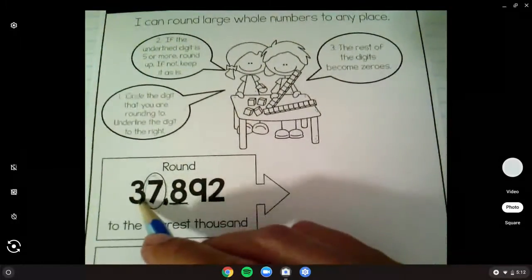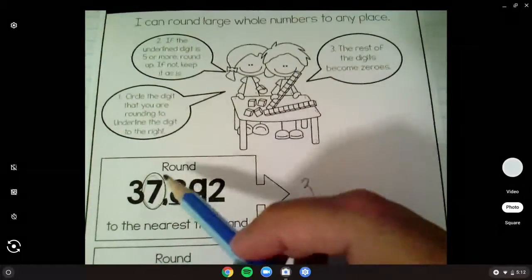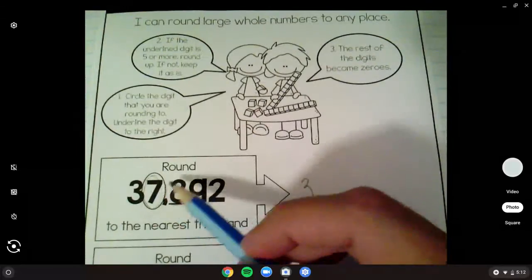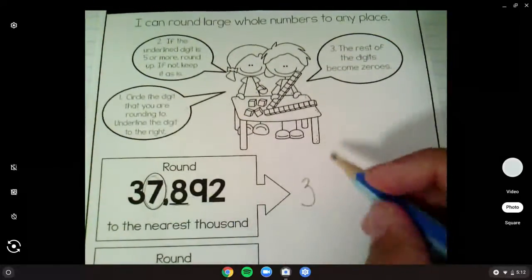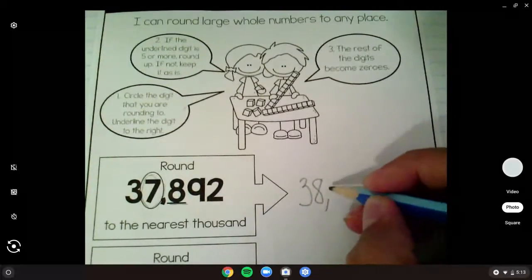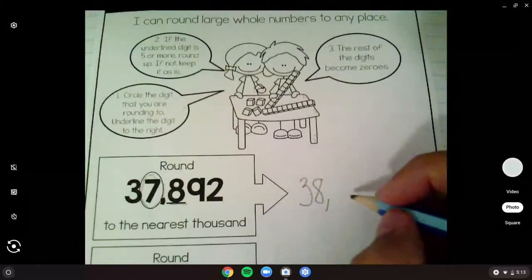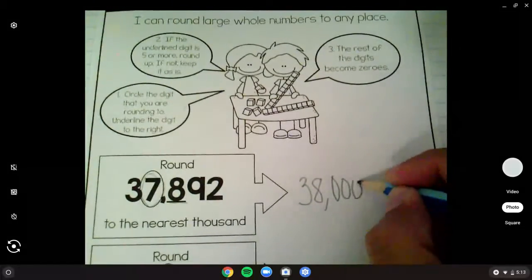So my first number is going to stay a 3. Now I look to my 7, and we said this guy is more than 5. So he goes up to that 8. And then my underlined number and everything behind it, put zeros in its place.